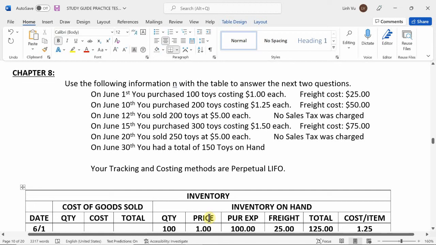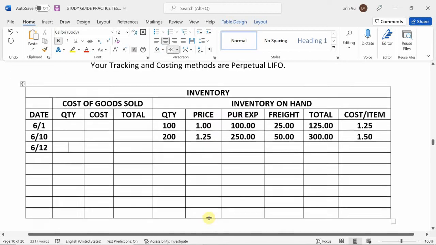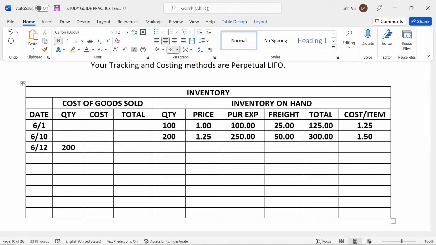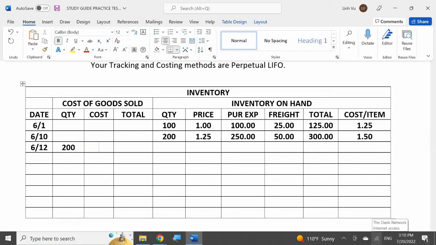So in this case, if I sold a total of 200 toys, using the rules of LIFO, how much is it going to cost me to sell the 200 units? We are selling the most recent purchase first, which is the one that we made on June 10 for the 200 units.